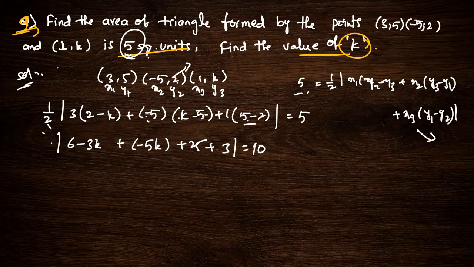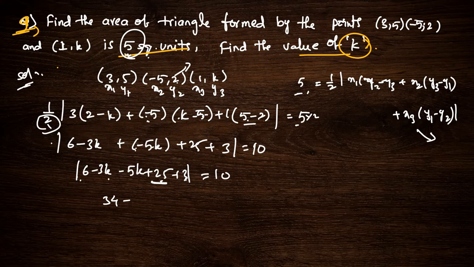The 1/2 comes to the right side and gets multiplied. So |6 − 3k − 5k + 25 + 3| = 10. Adding 3 plus 6 is 9, plus 25 is 34, so 34 − 8k = 10.